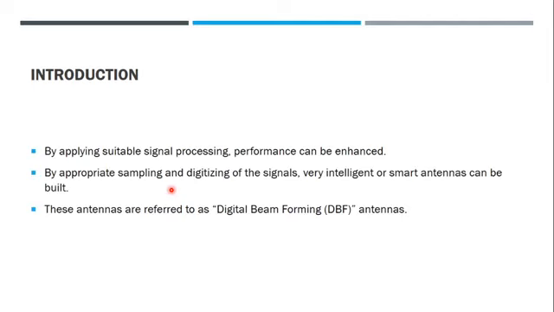So when we employ the methods of sampling and digitization of the signals at the terminals of the antennas, we can try to achieve a high efficiency, good signal. And this, when processed through a computer, we can actually build a very smart antenna in principle. And since it follows the principles of sampling and digitization, these antennas are also called digital beamforming antennas.